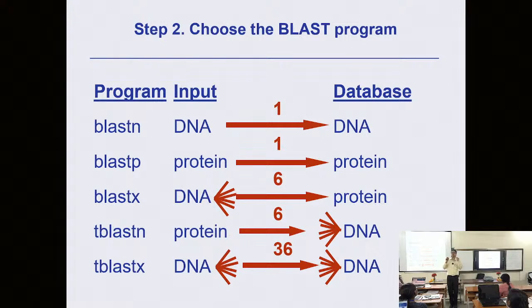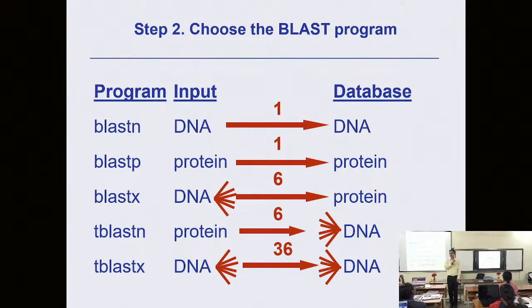You could have a DNA sequence and you want to compare with a DNA sequence in the database, but you want to compare at the protein level, right? Because you believe that when you compare at the protein level, you will see the conservation that you may not see using DNA, because DNA evolves faster than protein, right?